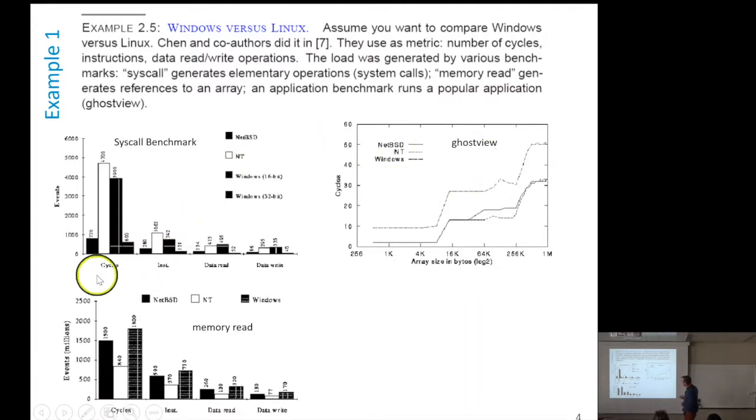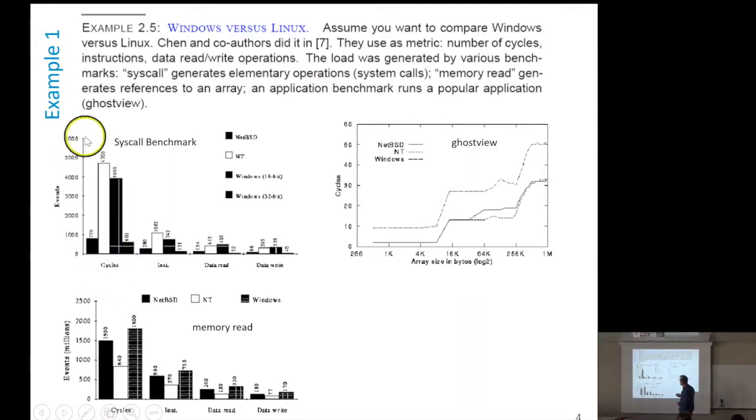Here we find another graph that is showing number of events. So events are things like memory system calls, I guess, and memory read actions. And here it's for different, what we call benchmarks, different kinds of jobs.